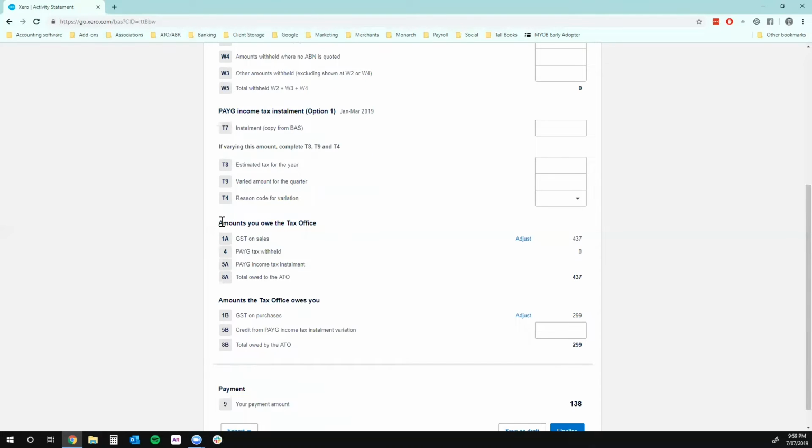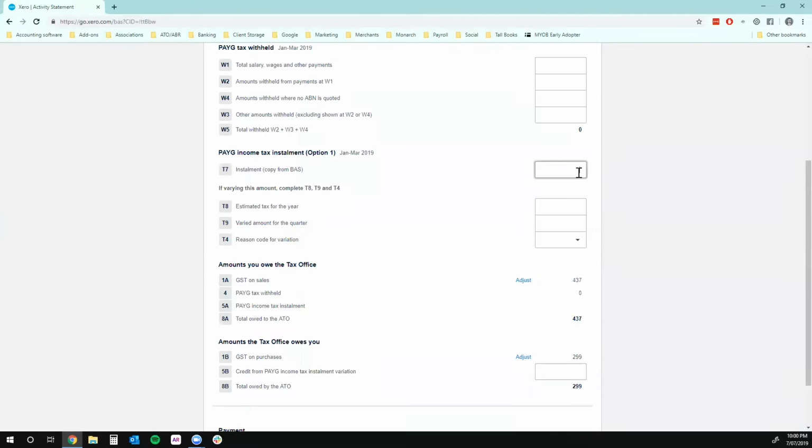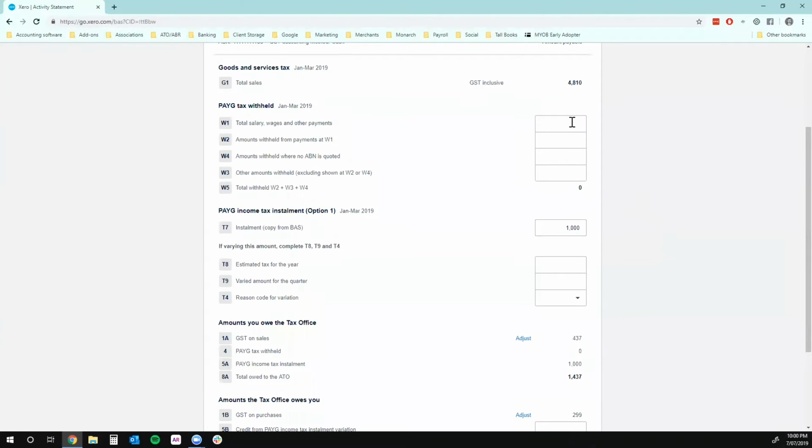Lastly, it does the calculation for you, which is GST on sales, that's the GST you've collected, plus any PAYG you've withheld from employees, plus your income tax installment equals your total amount payable. So we're going to say that our installment is $1,000 here. So you can see the example. And I might just put in some wages as well so you can see an example there.